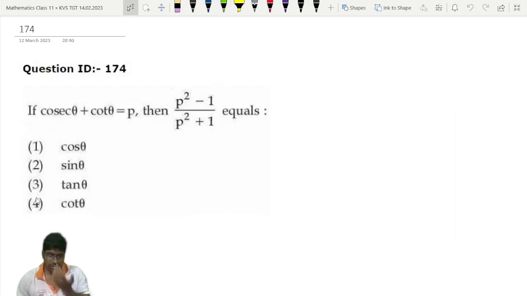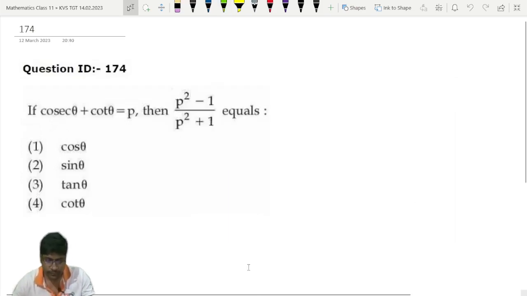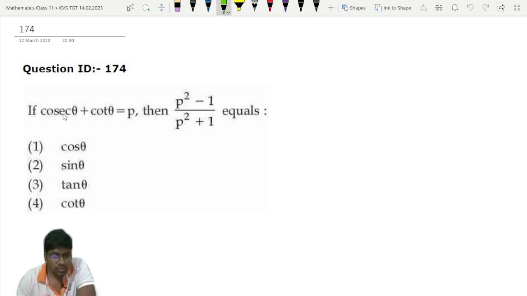Now let's move to the next question, question number 174. Now read the question carefully. It is given that cosec theta plus cot theta is equal to p, then p square minus 1 divided by p square plus 1 is equal to what?